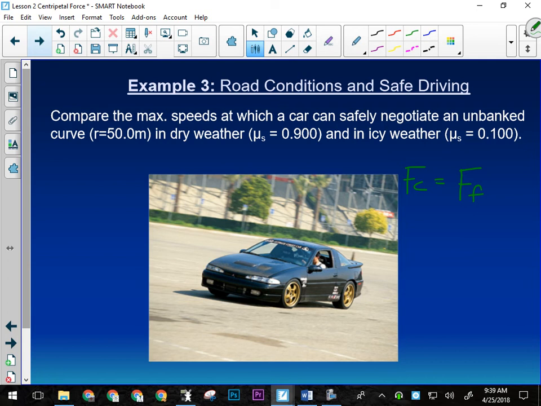Okay, so since we know that, then we can say that mv squared over r, m times a, equals the sum of all forces. So that would be mu times the normal force. Okay, this is what basically all of our problems will come down to in this unit. Centripetal force is set equal to whatever force is providing the centripetal force. Okay, in this case, it's friction. Now, because this corner is not banked, it's level. What's Fn?